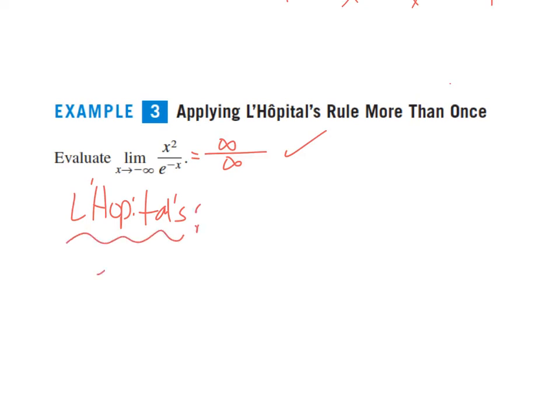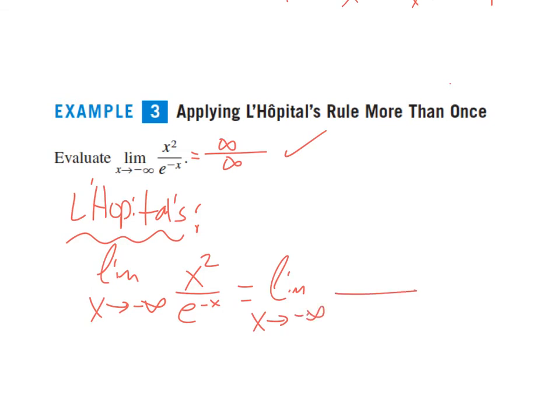So we're going to say the limit as x goes to negative infinity of x squared over e to the negative x is equal to the limit of the derivative. So we're going to take the derivative of the top and the derivative of the bottom, not the derivative of the whole fraction, just the derivative of the top and the bottom. So x squared is going to go to 2x. And e to the negative x, well, let's use some chain rule here.